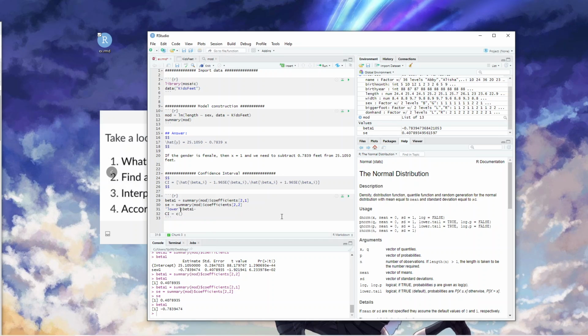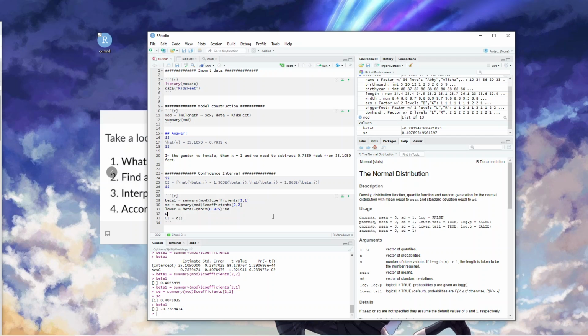So my lower bound equal to beta 1 minus 1.96, but here for accuracy purpose, we need to use the code qnorm. That's a percentage. So if I put x equal to a percentage, it will return me the correct value. Okay, so times what? Times standard error.